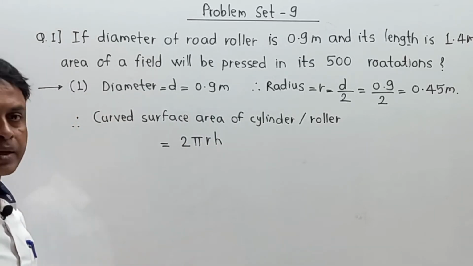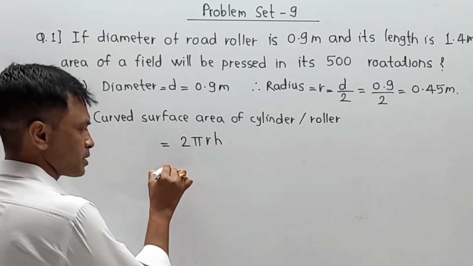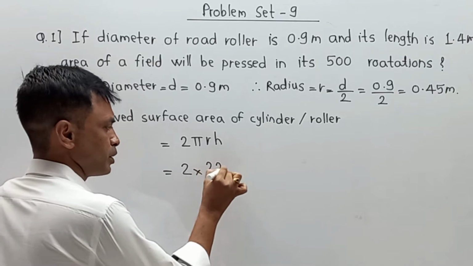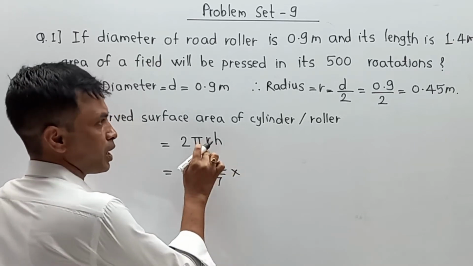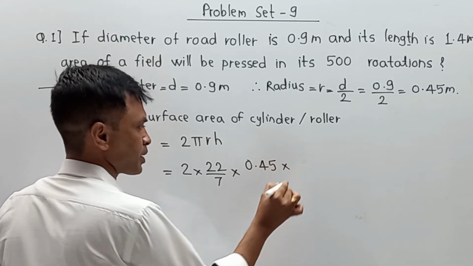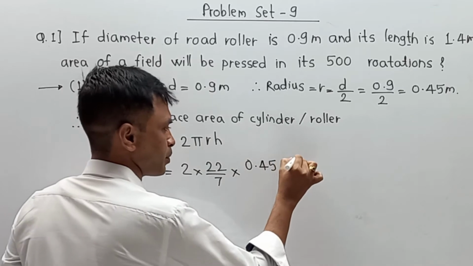Now as per space availability I am going to write some steps, please properly observe it. So your part is 2, the value of pi they haven't given, so 22 upon 7 into r, the radius is 0.45 meter, so 0.45 into h, the height that is nothing but the length, they have given 1.4 meter.